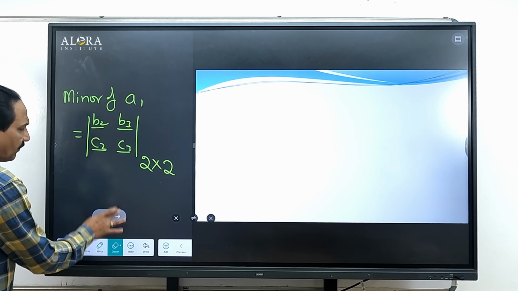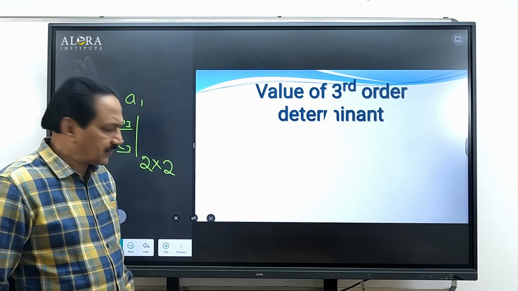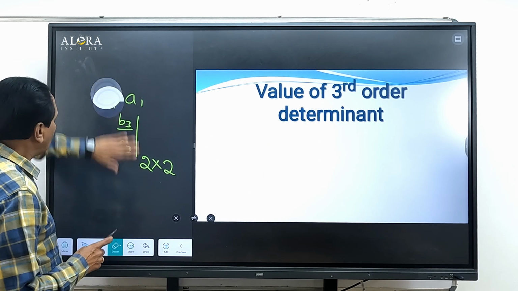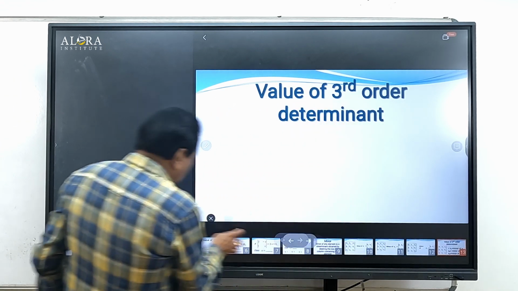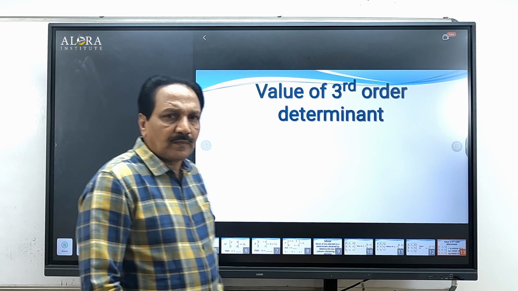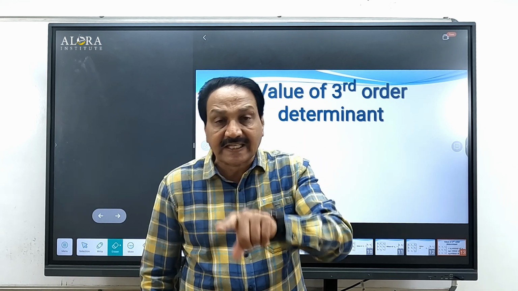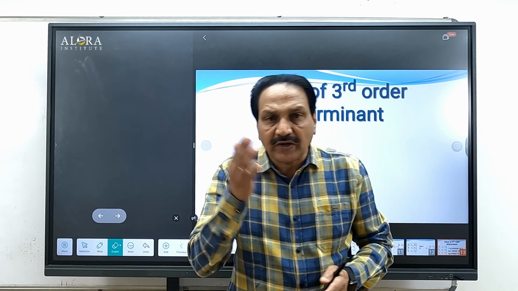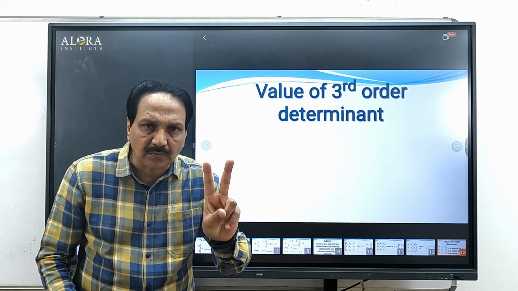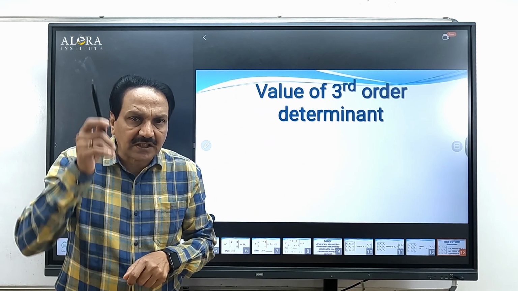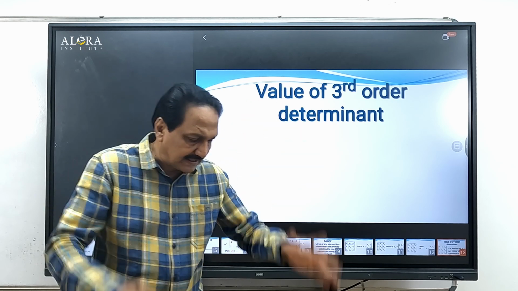Now let's go for the value of third order determinant. How will you go for writing the value of third order determinant? Just recall the formula we have come across for the expansion of second order. When you go for the expansion of second order, you are supposed to write 2 terms. But how will you write the terms? First term with plus sign, second term with minus sign.